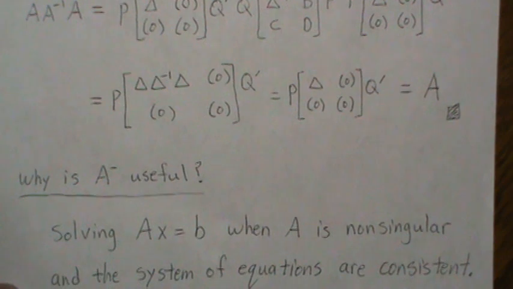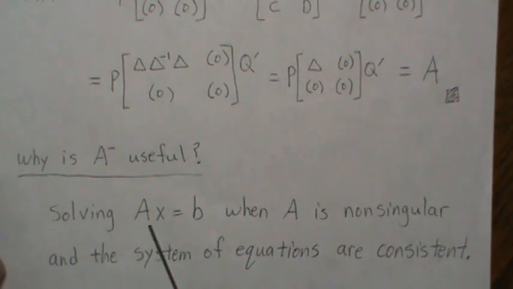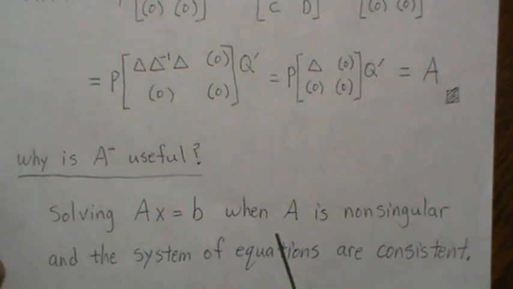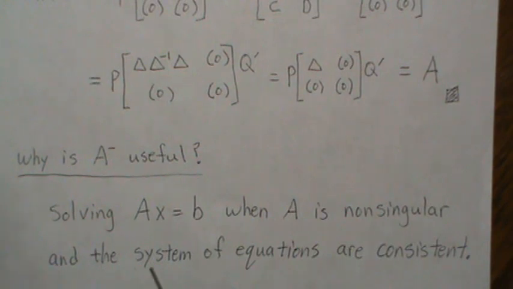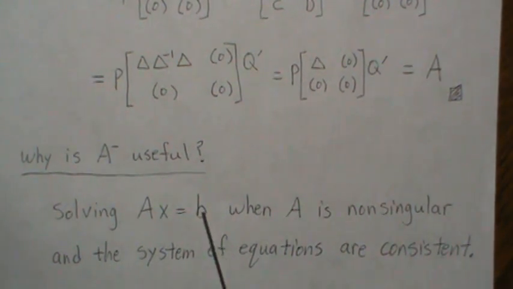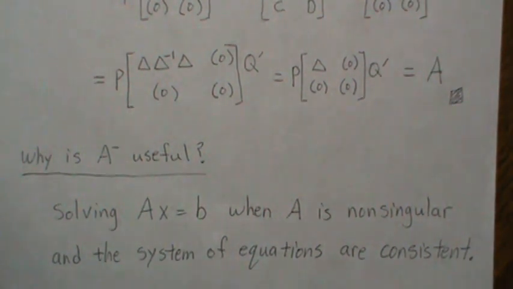So why is the generalized inverse useful? It's useful in solving AX equals B when the system of equations is consistent. Consistent means that B is actually in the column space of A. If B is not in the column space of A, then a solution doesn't exist, and we have to find something that's, quote, close enough.